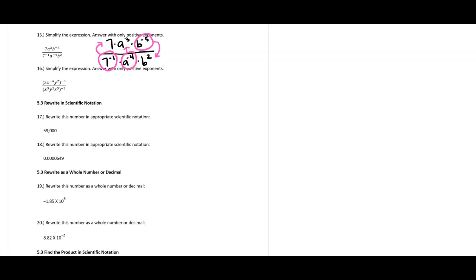Okay, so then when I write that down, let me rewrite these so that now I have all positive exponents. I'll have my 7 that was already on top times my other 7 that I'm bringing up top. It's 7 to the first power, but that first power is not going to change anything. Then I had an a to the third already up there, but I'm bringing up that a to the fourth.